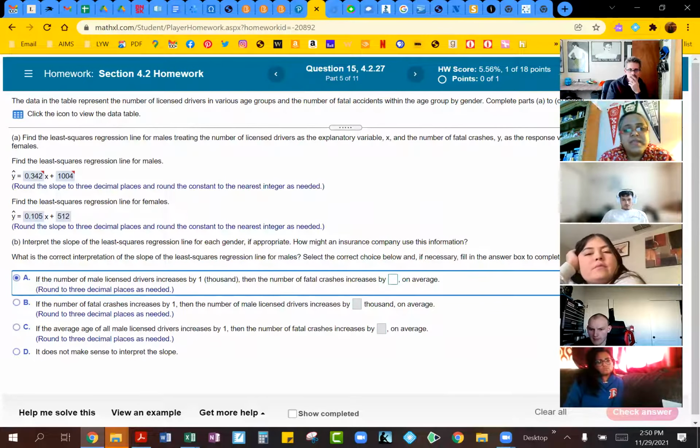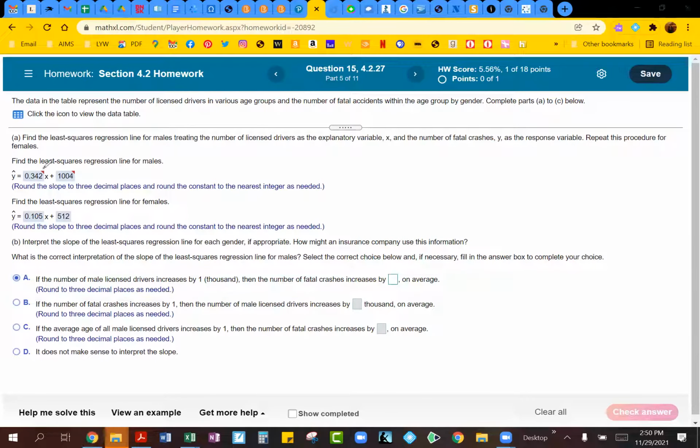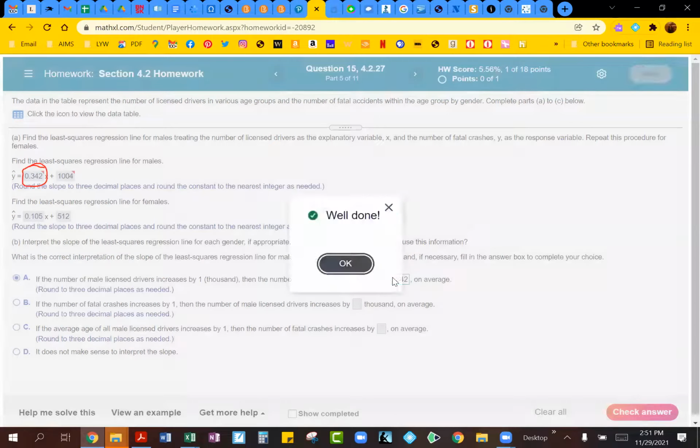So you are going with A. And the slope is basically telling you if the licensed drivers increases by 1, then that means your number of fatal crashes will increase by a fraction of 1, which is going to be 0.342. Because that's just telling you, the comparison, what kind of growth rate you are having from the licensed drivers to the number of fatal crashes that happen.